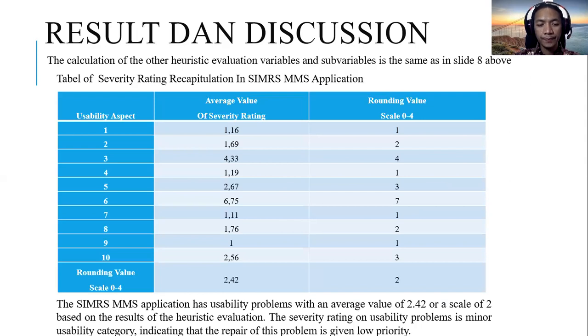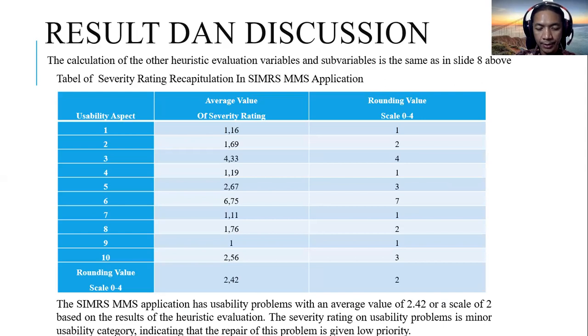This is the table of severity rating recapitulation in SIM-RS MMS application. The average value of the severity rating from aspect 1 until aspect 10. This is the number, and this is the rounding of value and scale, 0 until 4.